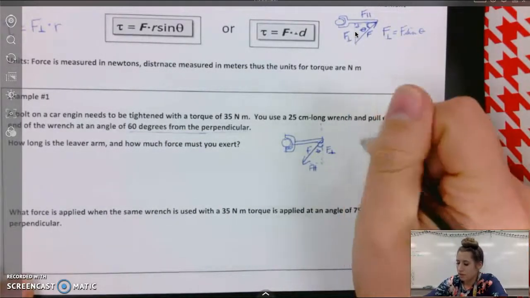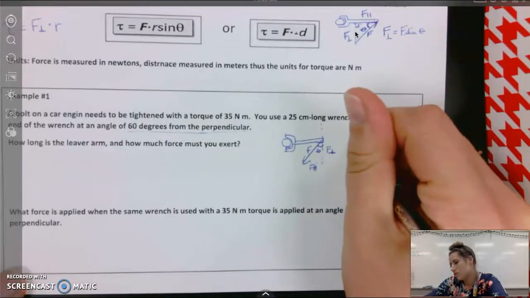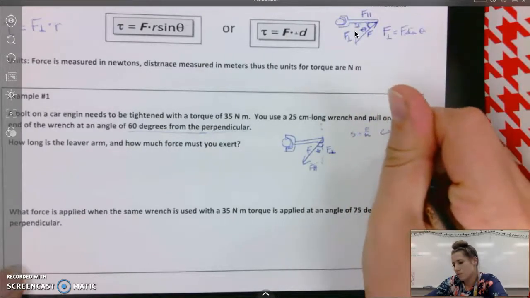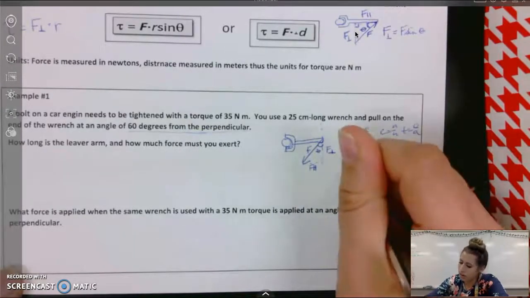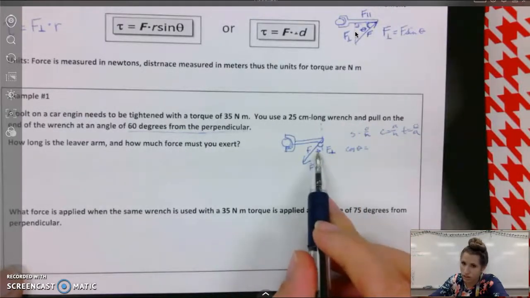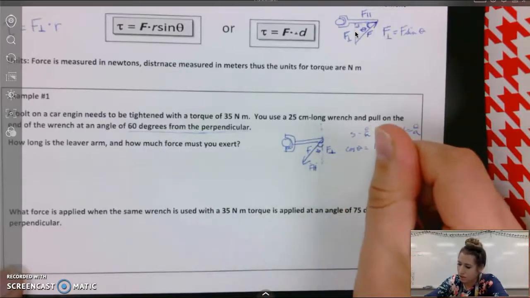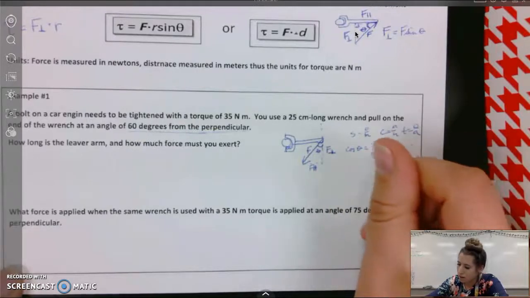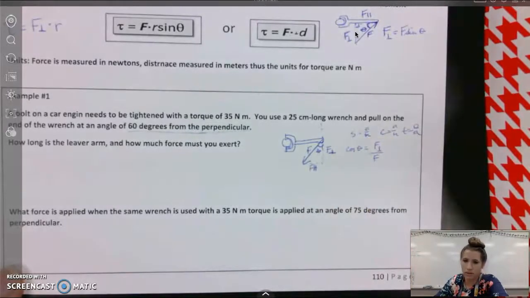We know from SOHCAHTOA, from our trig, that cosine of an angle will equal adjacent over hypotenuse. Well, to this angle, what's not opposite from it but adjacent to it is that force perpendicular, divided by the hypotenuse, which is the whole force component there.